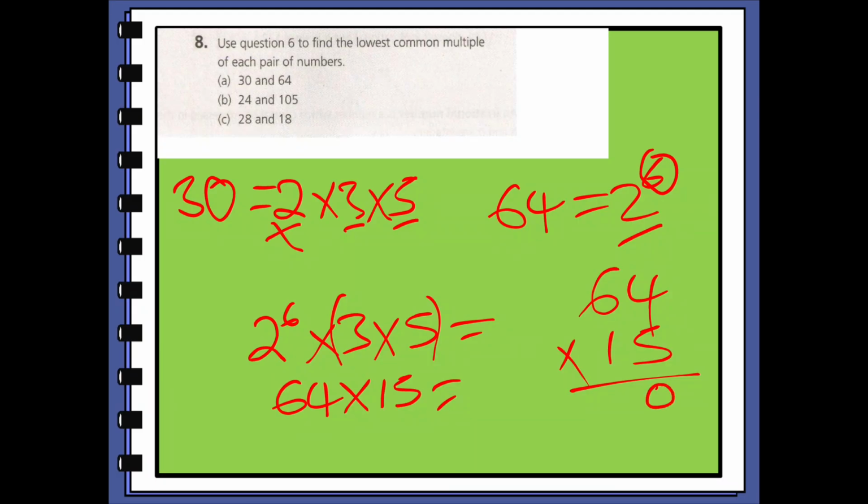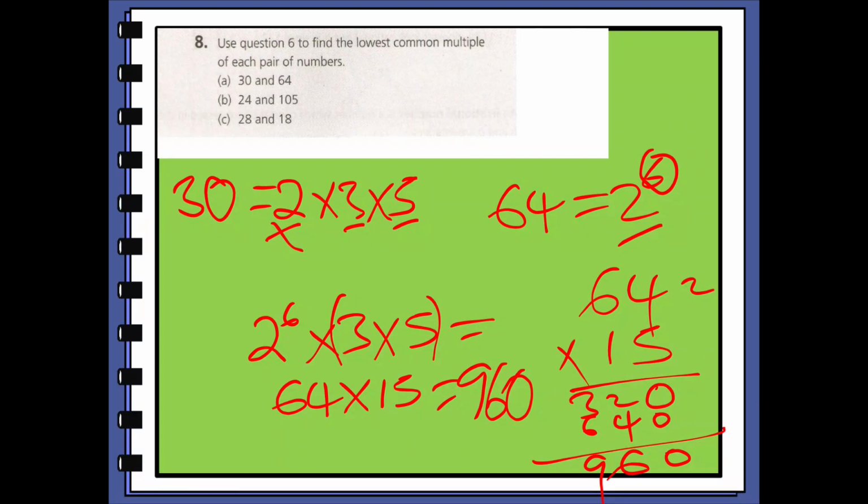Okay, so we've got 0, carry 2. 5 sixes are 30, 32. Okay, start with a 0. 1 times 4 is 4, and 6. Then what do we get? A 0, 4, 5, 6, and 9. So we get our answer as 960.